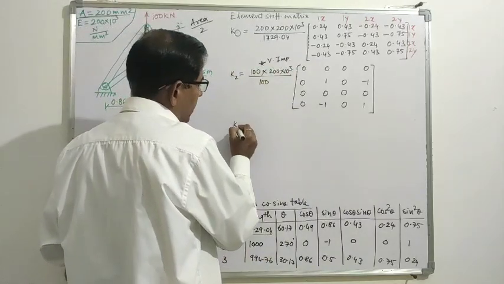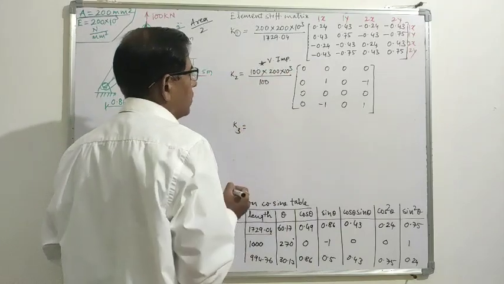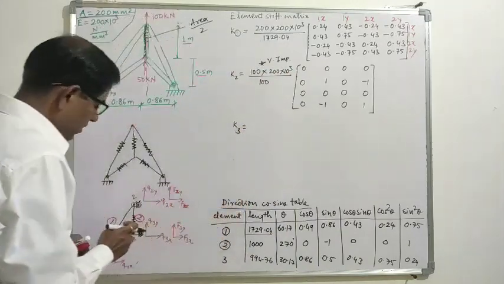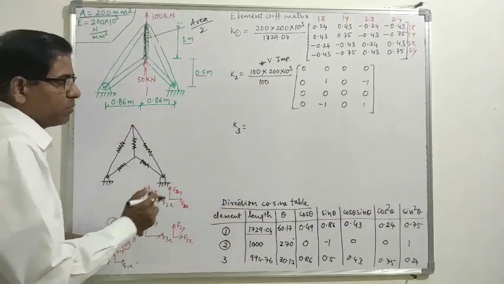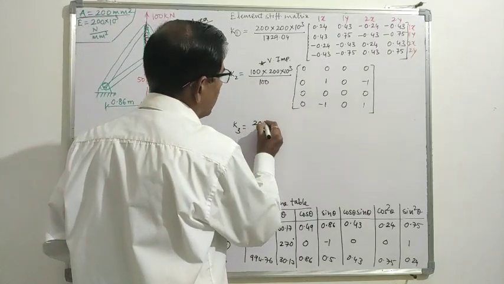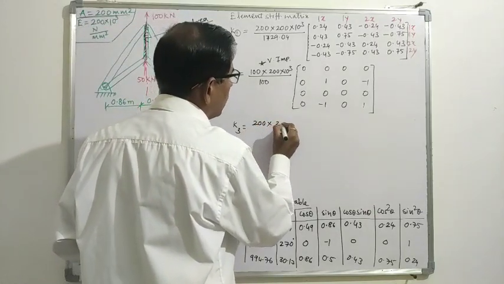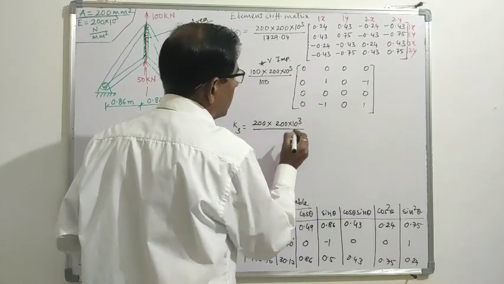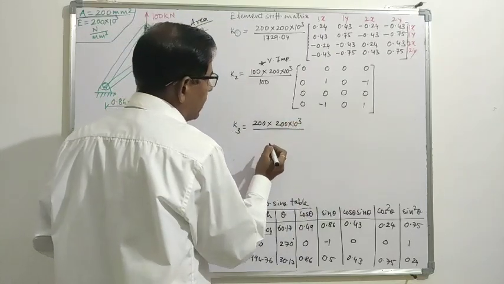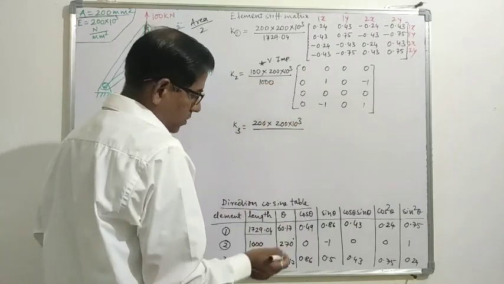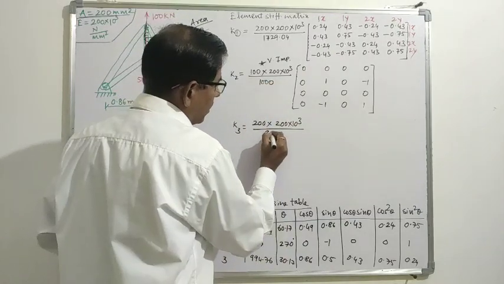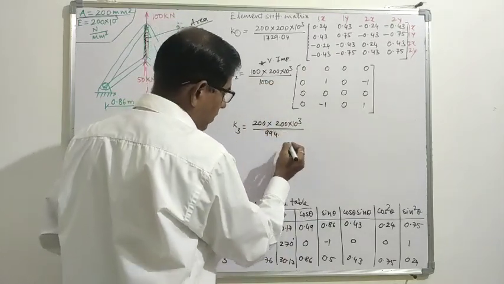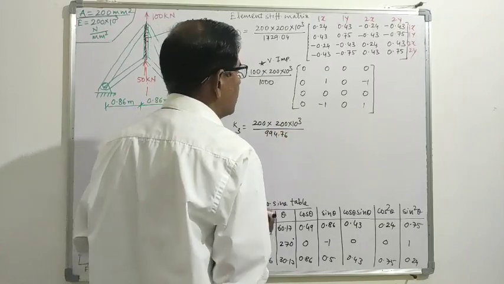And K3. So K3 member, this is that member, so it will be 200 into 200 into 10 to the power 3 divided by 994.76.